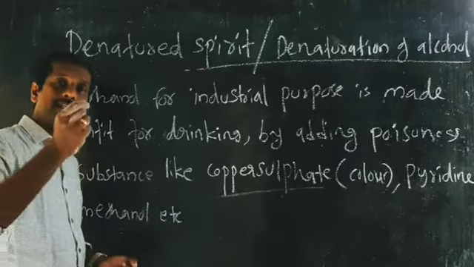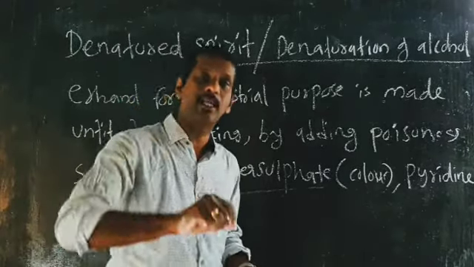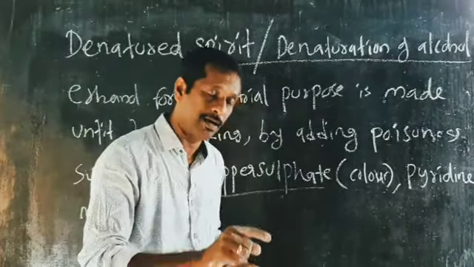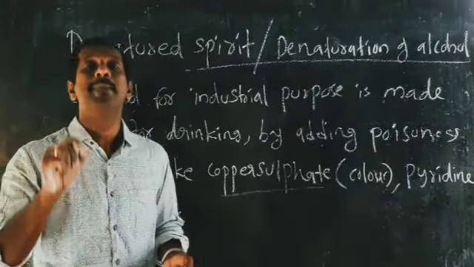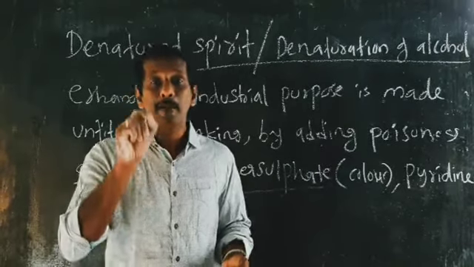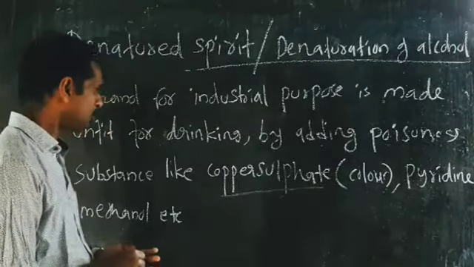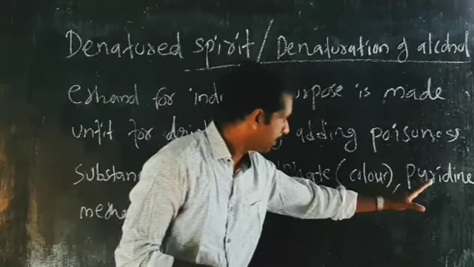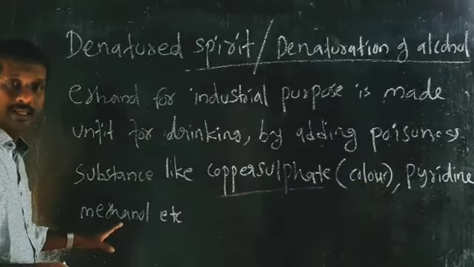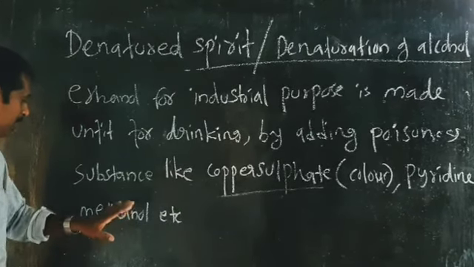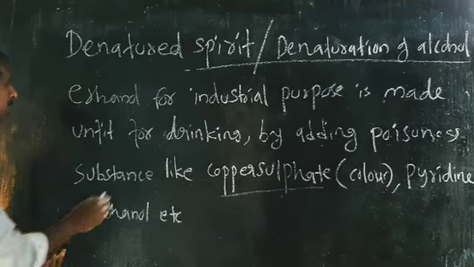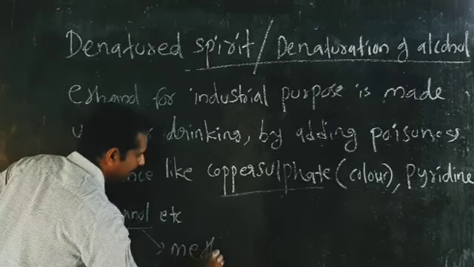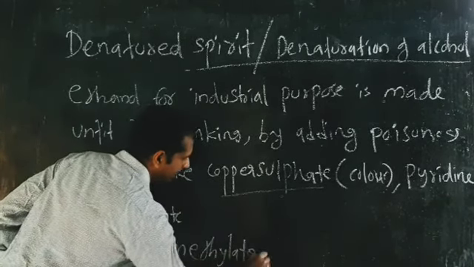Suppose the ethanol is denatured with methanol, it is known as methylated spirit. So for denaturation we can use copper sulfate, pyridine, or methanol. If you use methanol, then this spirit is known as methylated spirit.